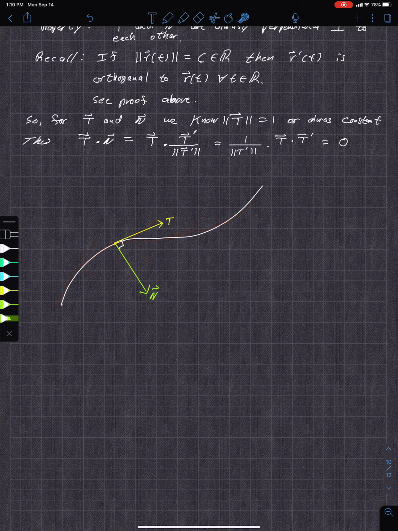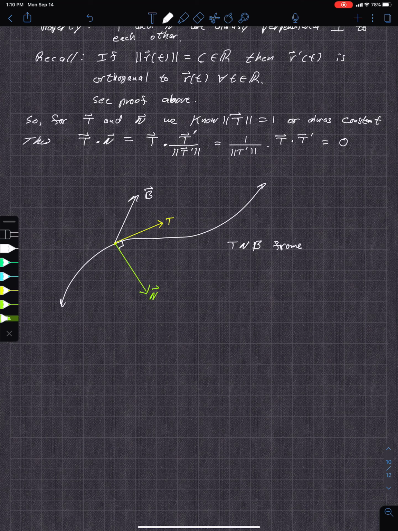If you want to look this up, it's called the TNB frame. B I will get to later, but you do the cross product between T and N, and you get that normal vector, and that's your B. Then you make it a unit vector by dividing by its magnitude. That's called a TNB frame. There are some animations of that. I'll see about posting them, but we'll get to that later.